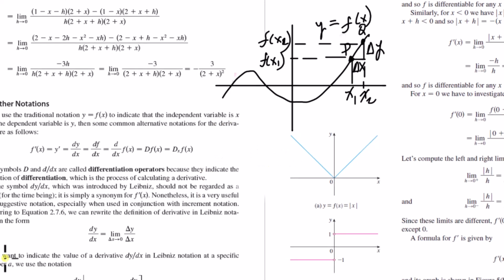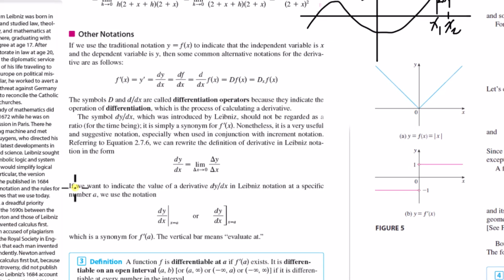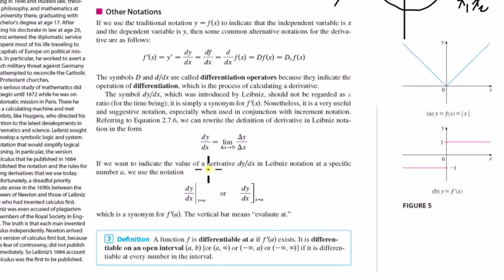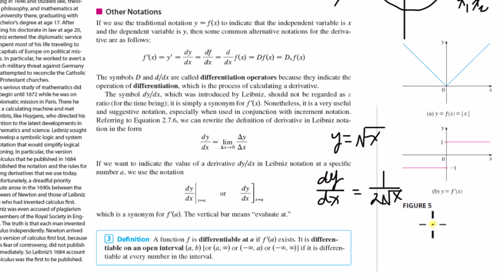You see? Okay, so now it says if we want to indicate the value of a derivative, dy over dx, in Leibniz notation at a specific number a, we use the notation. So yeah, if you want to say, okay, the derivative of, so we had, it was y is equal to the square root of x. So earlier we looked at what was this derivative when x was equal to 4.